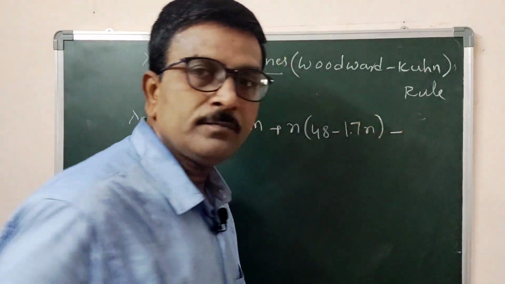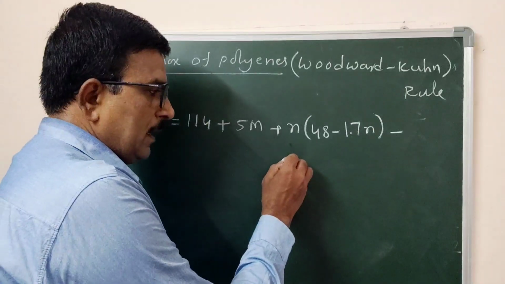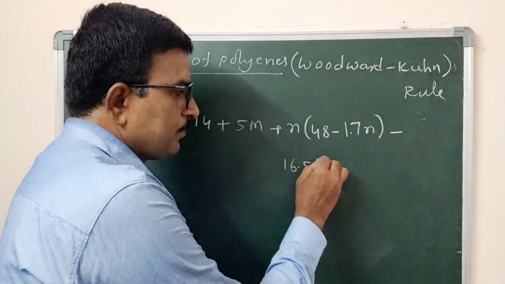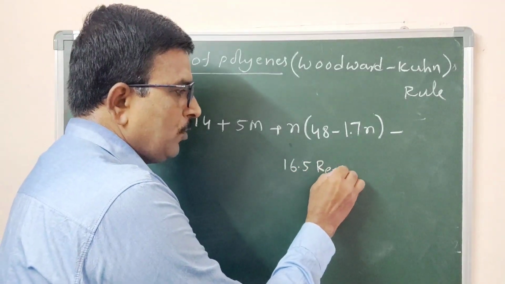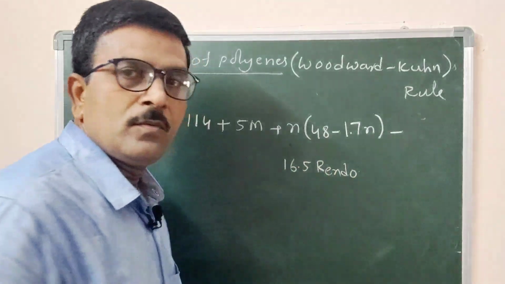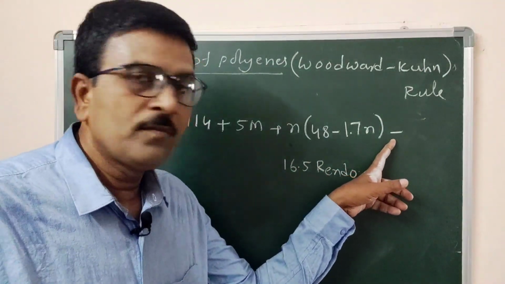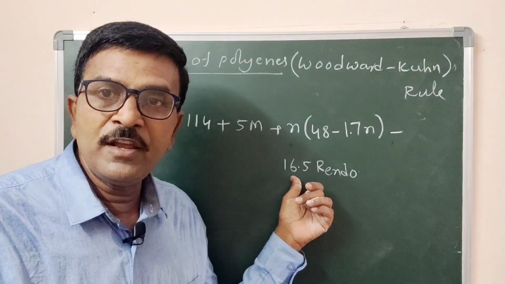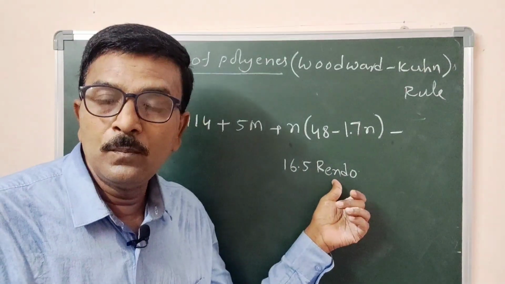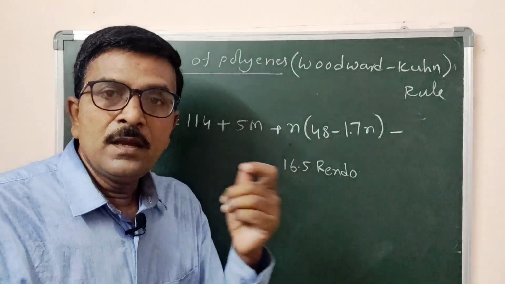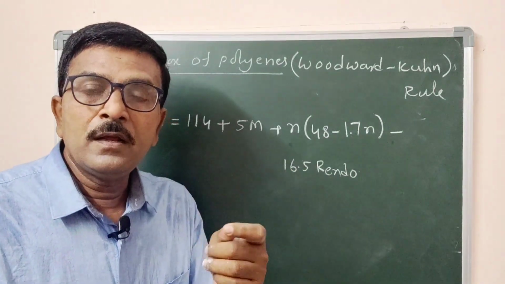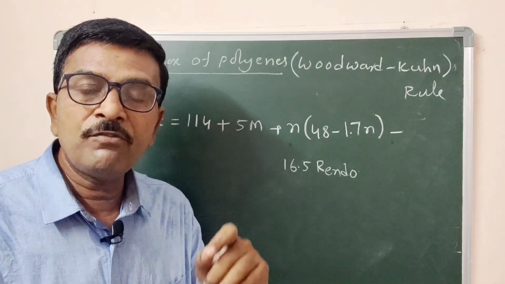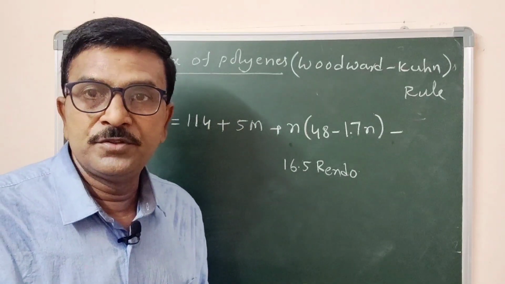Minus 16.5 into R endo. This is minus. R endo stands for number of endocyclic double bonds.